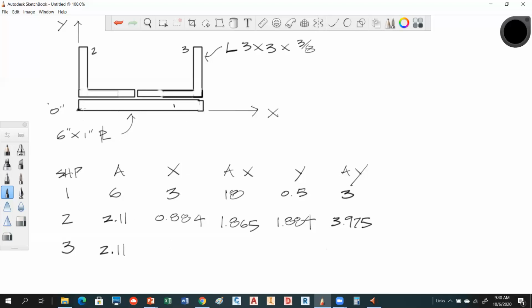If I go over 6 and then back the 0.884, I'll be right where I need to be. So I'm going to take 6 minus 0.884. I get 5.116. Questions? Anybody? How I achieve that?